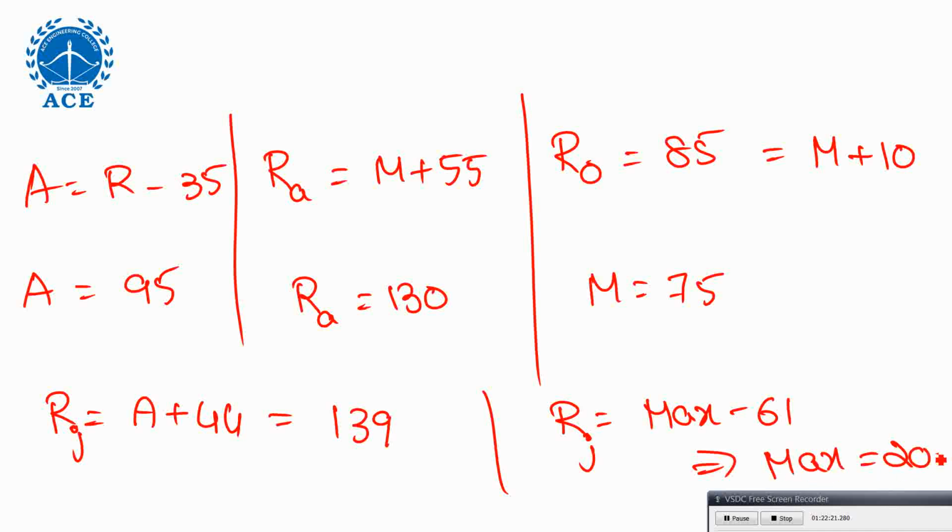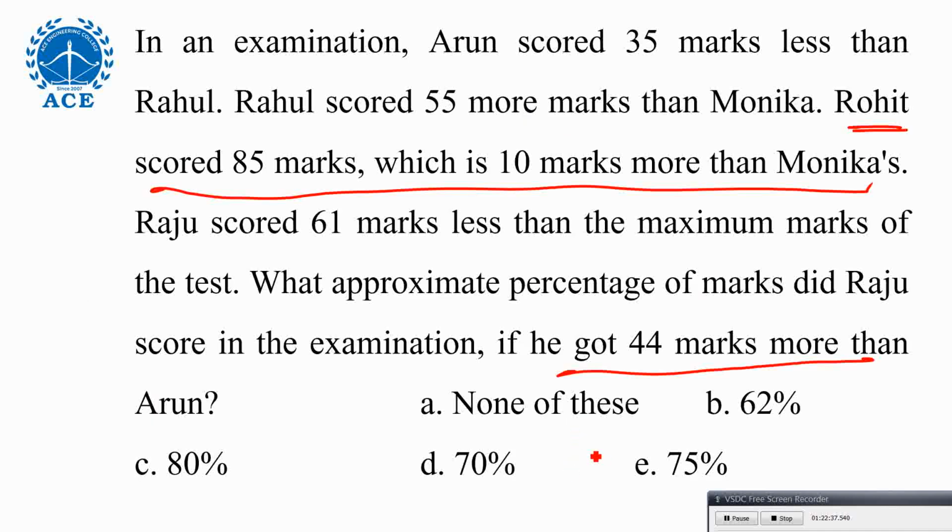Now they're asking percentage. Raju got 139 out of 200, which is 69.5%. How to calculate percentage? You got 139 marks out of 200, so 139 out of 200 into 100, which is approximately 70. They're asking approximate percentage. You can go with 70. But when they use the word approximate, they should not give none of this actually.